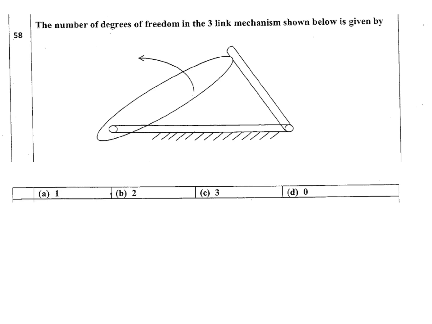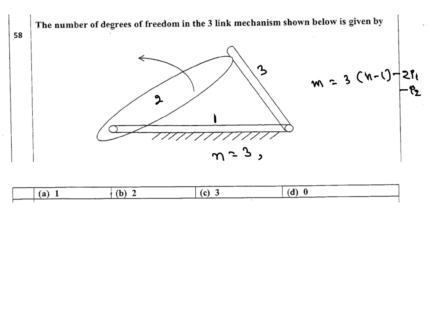We know degree of freedom or mobility m equal to 3 into n minus 2p1 minus p2. So n we got 3. Number of links 3. Then lower pairs we have to calculate. This is lower pair. This is also lower pair.